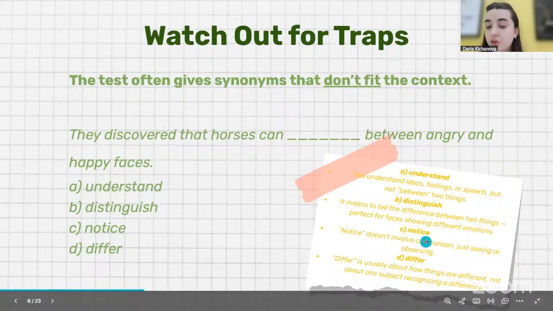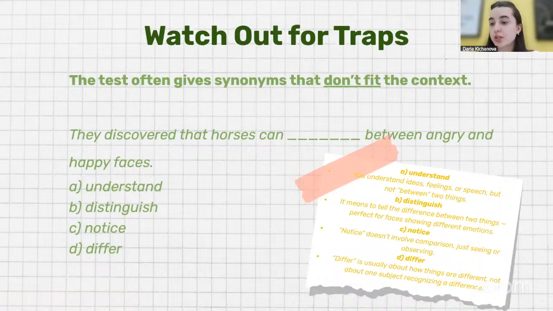If we are talking about the word notice, notice is usually to see or to observe something, when we just look at something and say, okay, now I see it, for example. So actually, this word doesn't involve any comparison, so we don't have between there. And if we are talking about option D, differ, it may seem correct at first, because I said you can see difference.